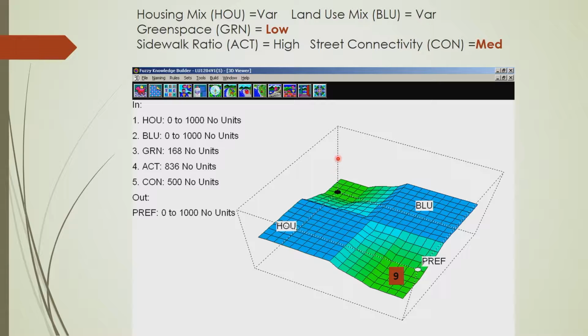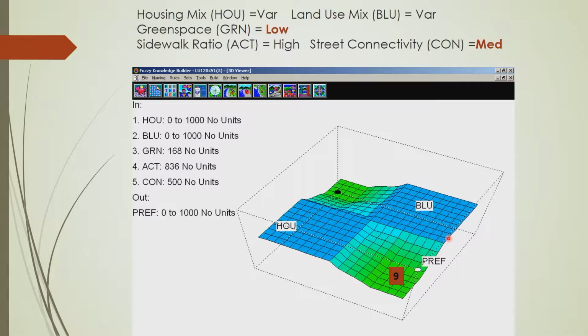Then you'll also notice that when you take the housing density all the way up and you take the commercial density all the way up, at 9, preference is also low. So there's two different dynamics going on in terms of people's preferences. And you can see in between, remember blue is moderate or just slightly better than moderate. So this is sort of acceptable, but it would hardly be characterized as preferred.